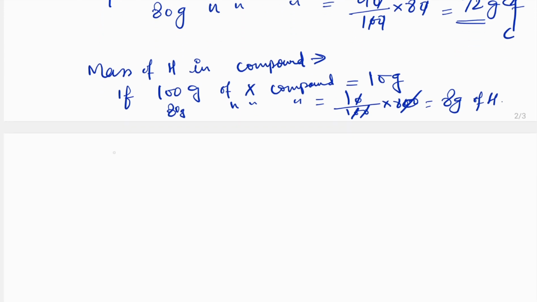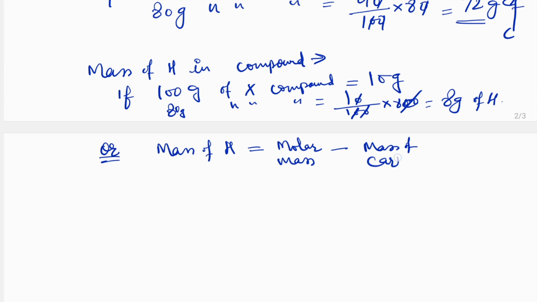Or another way I have told you, because there was only molar mass: the mass of hydrogen will be equal to the molar mass subtracted by the mass of carbon. All right. So that is 80 minus 72, once again 8 gram.